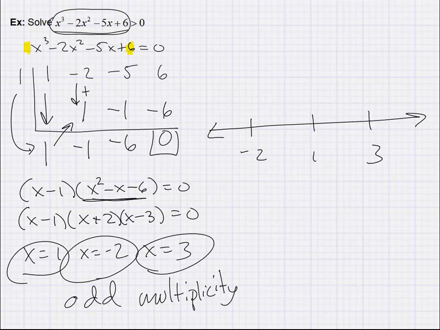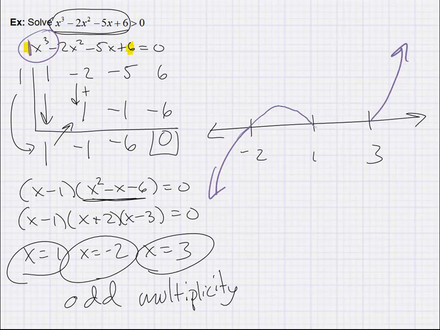Alright, think about your graph. If I look at the graph of this thing, cubic, positive coefficient, on this end I'm pointing up, and on this end I'm pointing down. This x-intercept's odd, so if I'm down, I have to cut through the x-axis, now I'm above. Come to this x-intercept, I have to cut through, now I'm below. Come to this x-intercept, cut through, and now I'm above.